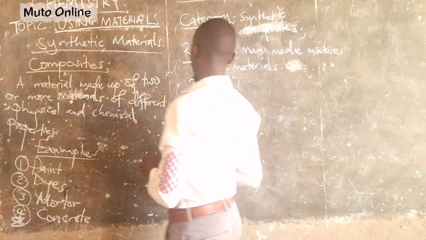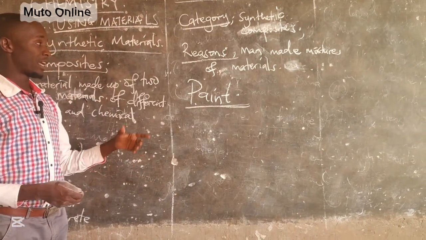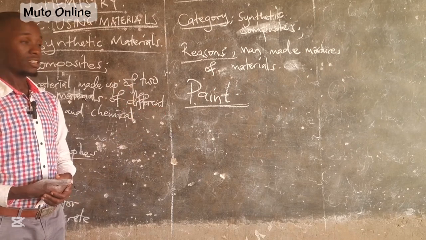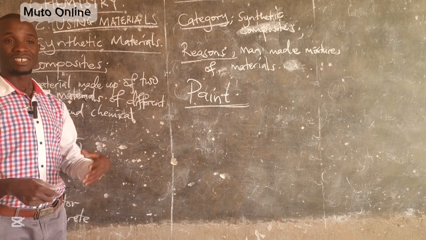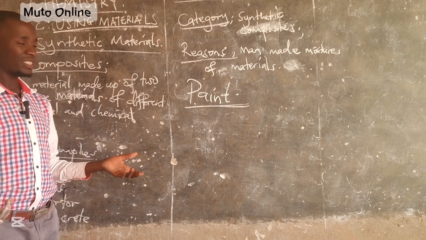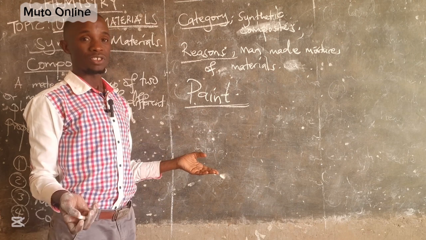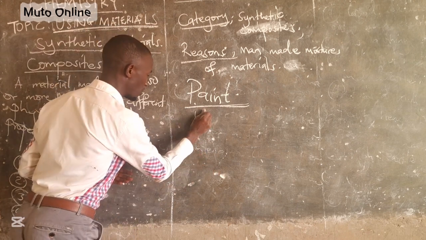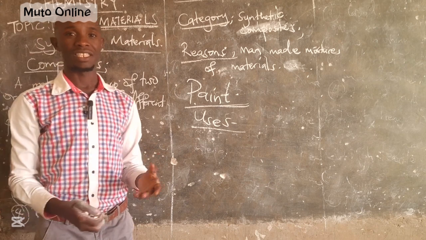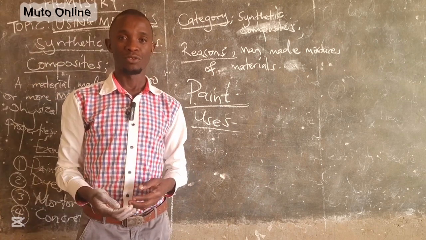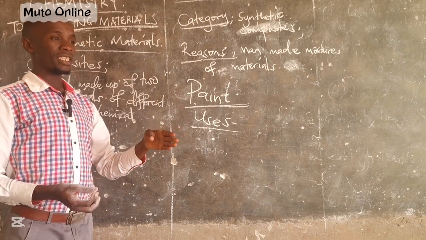It is a very important material, and I know very many of you have seen people using paint. The word paint is a common term, needing no much explanation. We are just going to look at the uses of paint and maybe the properties that make paint a suitable material for use.